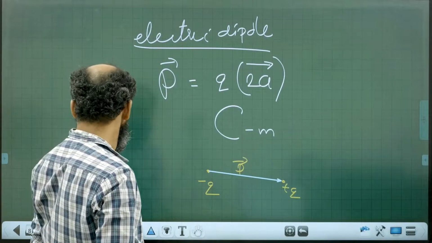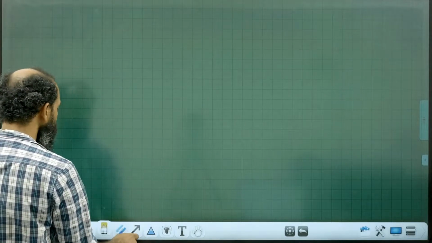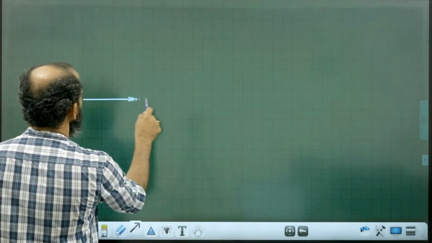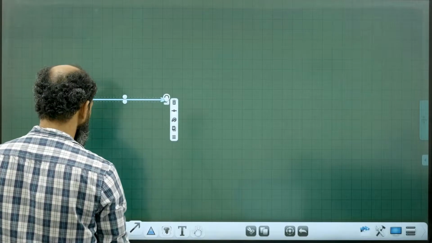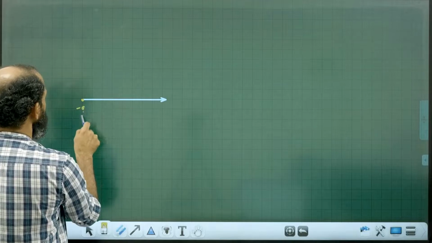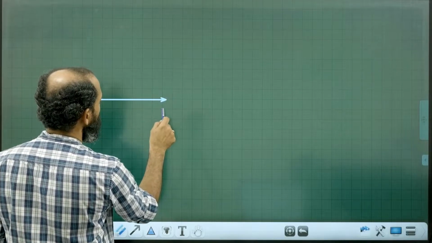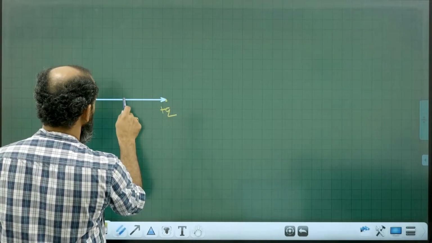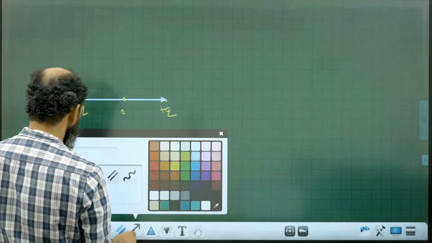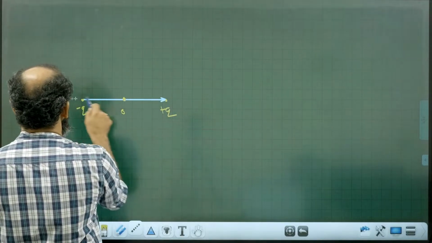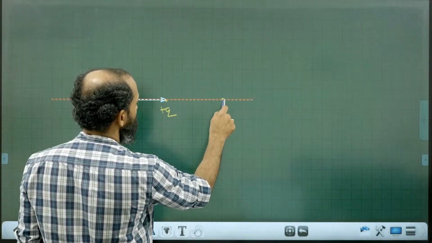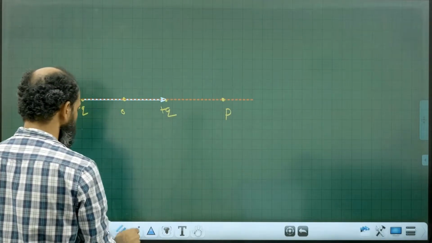Now, field due to a dipole. If you have the dipole moment along this line, so that minus q is at the tail and plus q is at the tip, O is the center of the dipole. Let us use this axis of the dipole. You take a point P on the axis of the dipole.